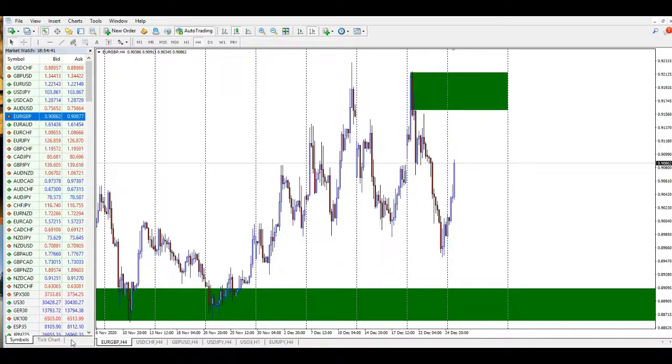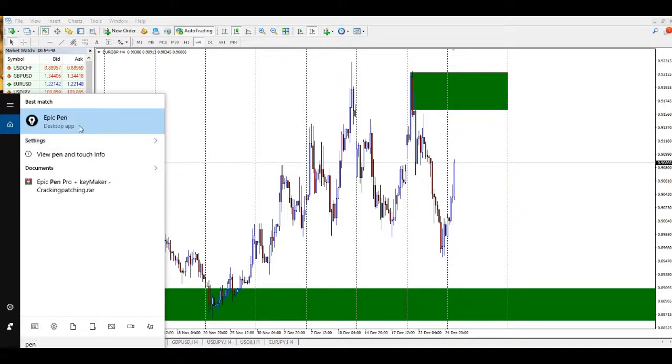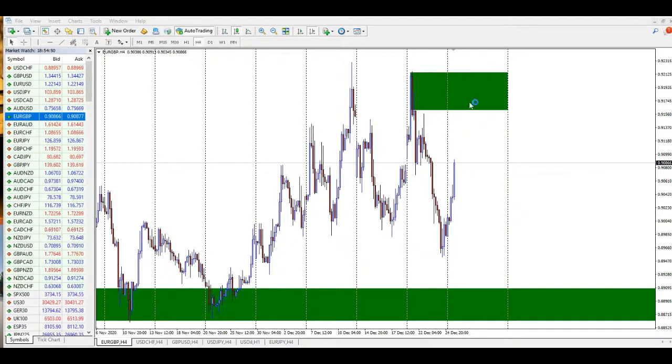Let me show you why I don't like this area of supply. To me, this area of supply looks like it was tested, because even if the market doesn't really touch the area, it is still treated as an area, since it's not precise.